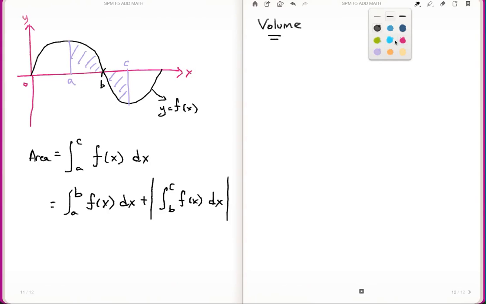Now, to start with integration, let's start with the basic concept of volume. When we were in a lower form, we were given a cylinder. It's a straight cylinder.